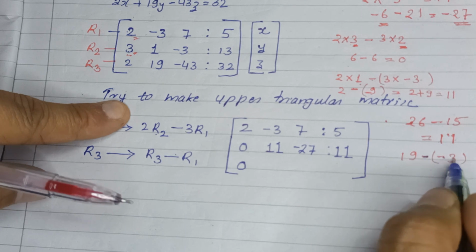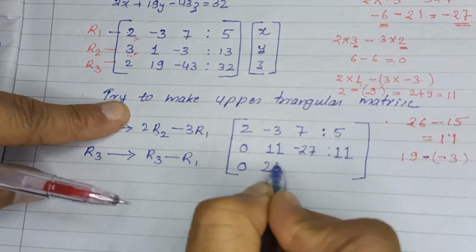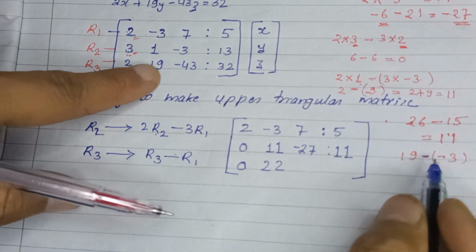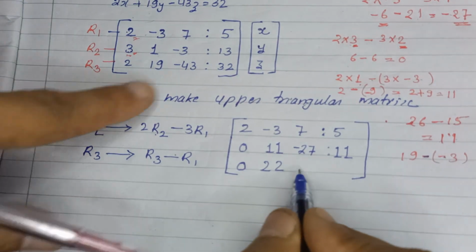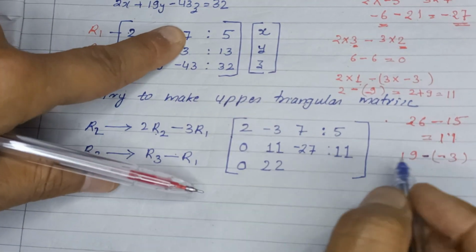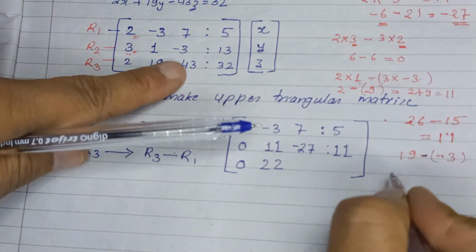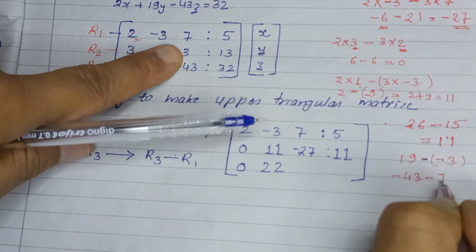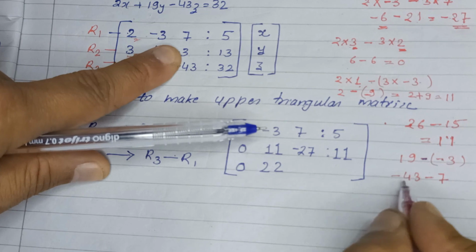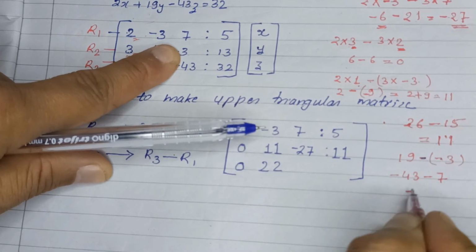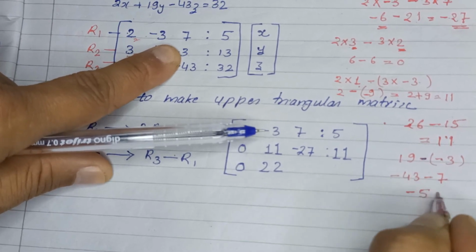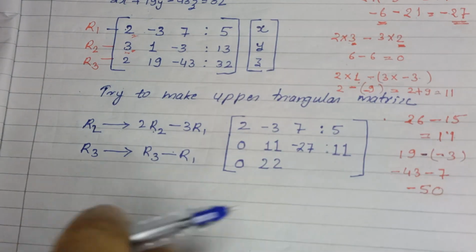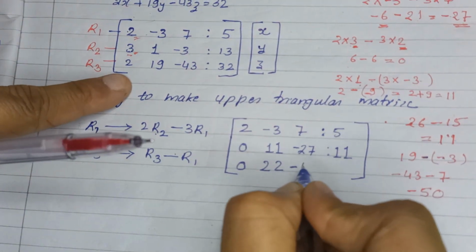So 19, 20, 21, 22, so we got 22. Now comes the last one. Here we simply subtract this one from the one above, so minus 43, then again minus 7. Both are minus, so we add them and write the negative sign. So minus 50, we got minus 50 over here.